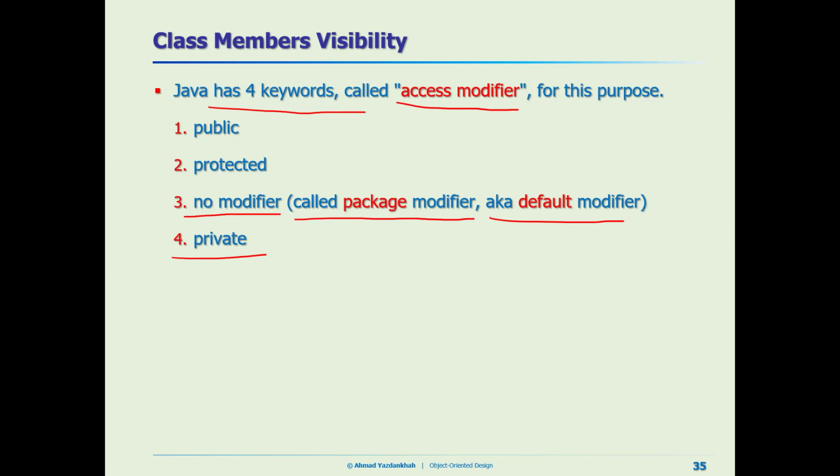When we go from here to here, this is the least restricted modifier, and this is the most restricted modifier. These two are mild modifiers, let's say.